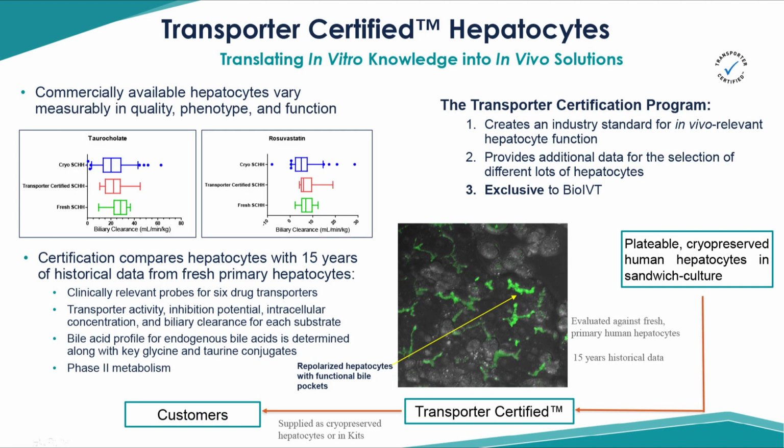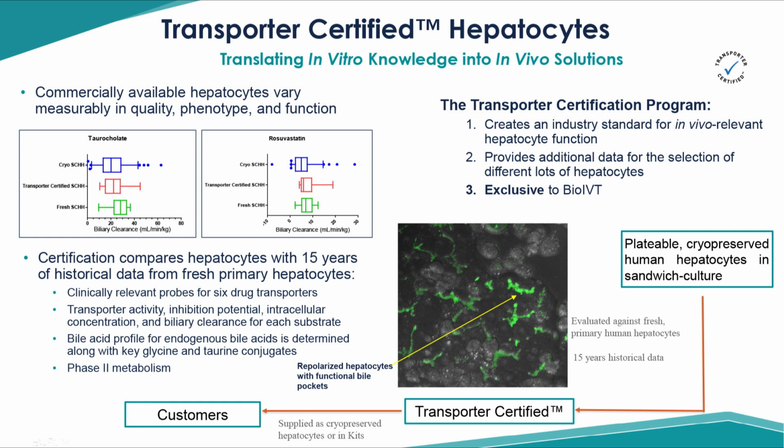So we realized many years ago that the other thing that was very important is getting the right hepatocytes for your studies. And so one of the things that we developed was our transporter certification program. We realized very early on that the commercially available hepatocytes varied a lot in quality and function.